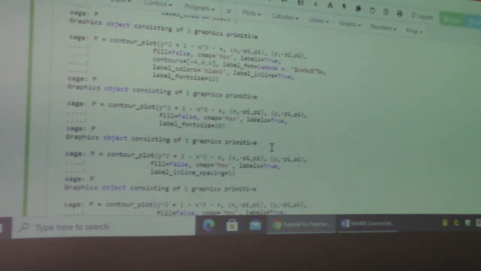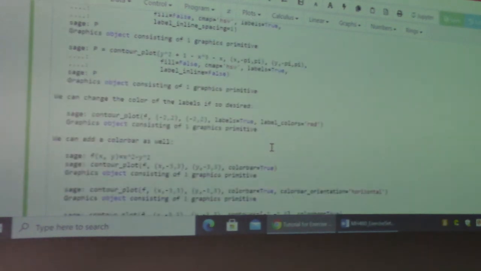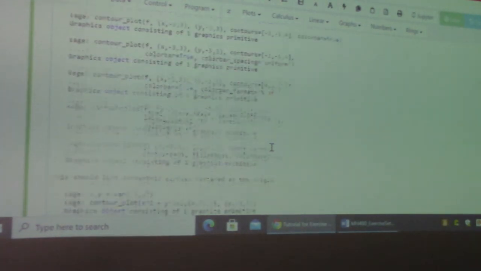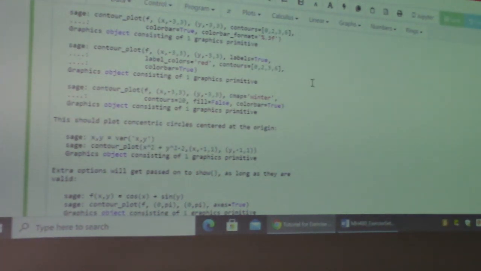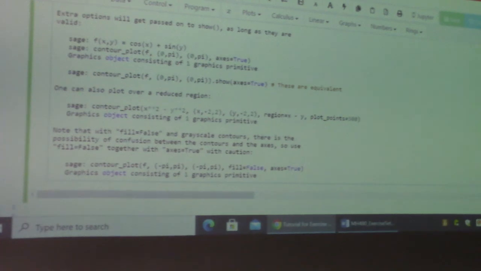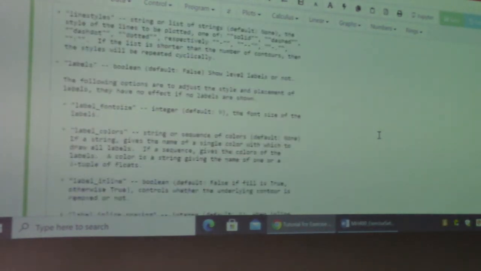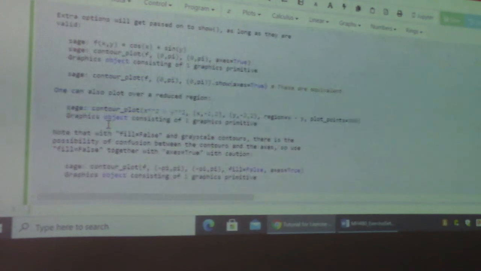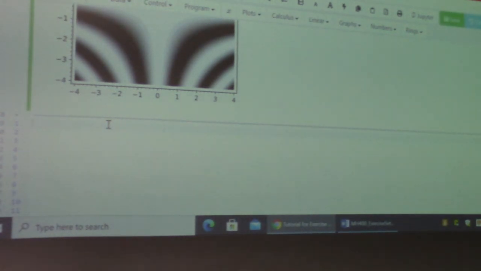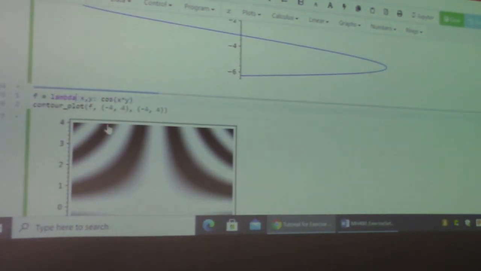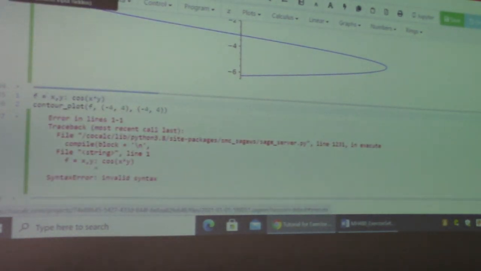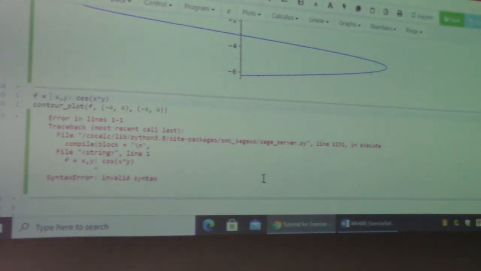Hmm. Well, maybe lambda's an option. Let's see what happens when I get rid of lambda. Ah. Oh, that lambda has to be there.